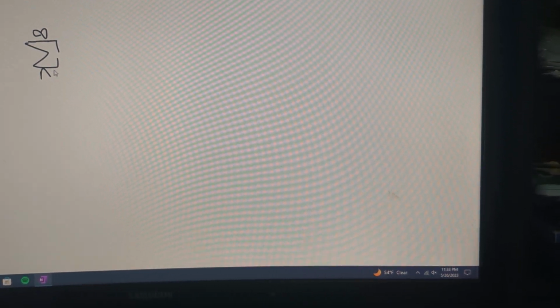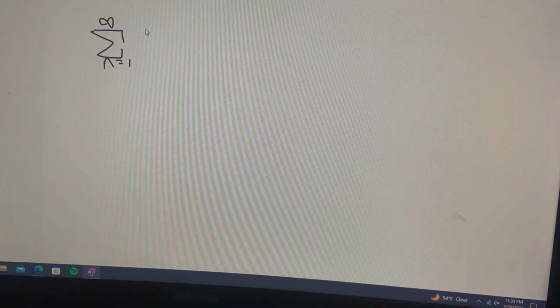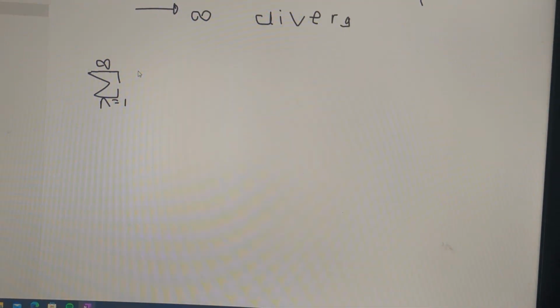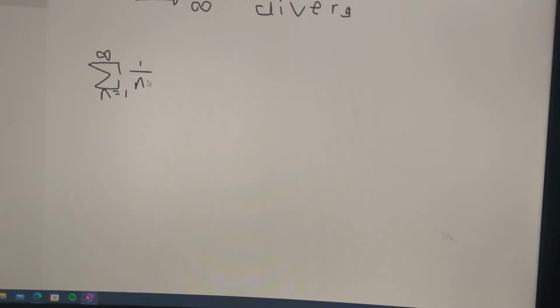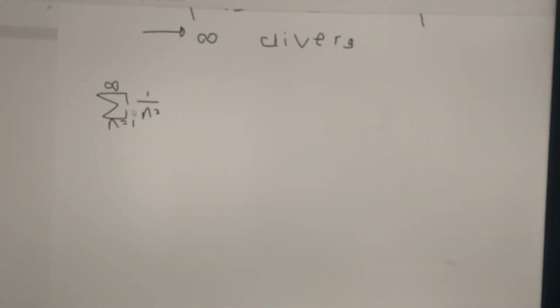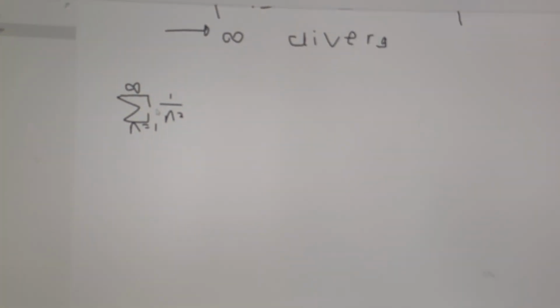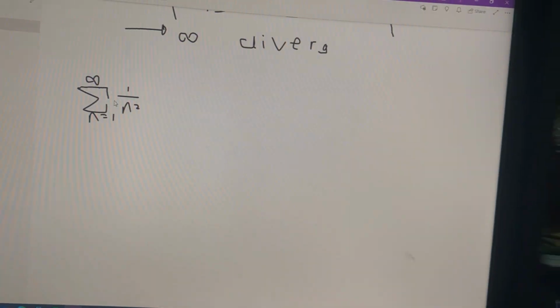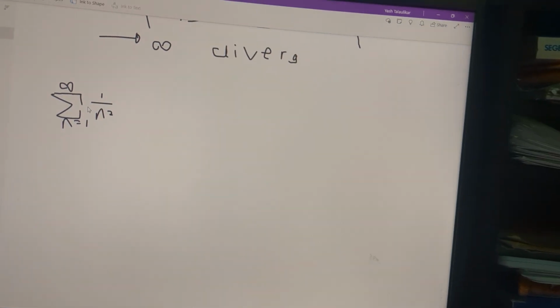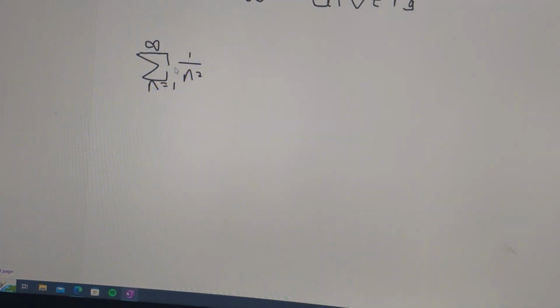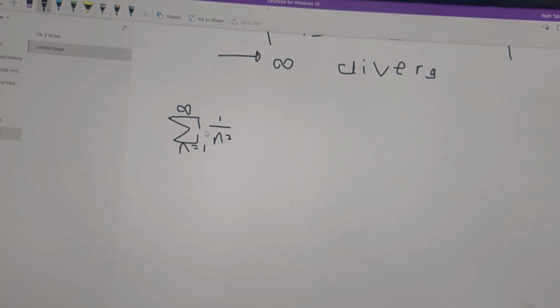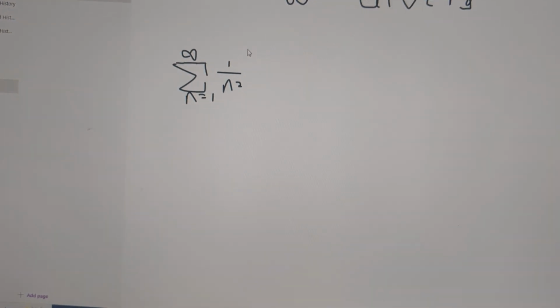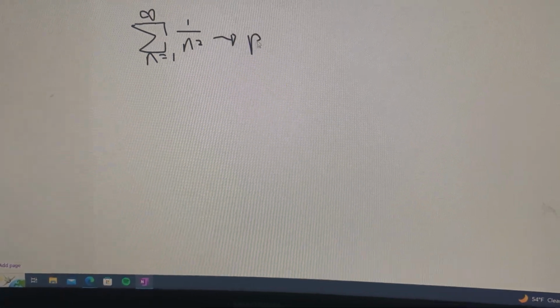The first example is 1 over n squared. That's the series. Based on our previous knowledge, and you might know this from watching other videos on different methods to find out whether a series converges or not, 1 over n squared is a form of the p-series test.